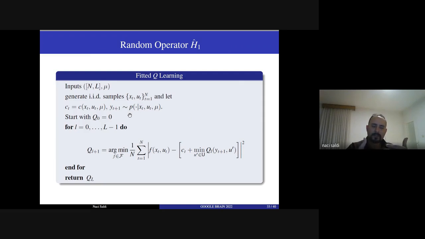Instead, we have to use our transition probability to generate data.